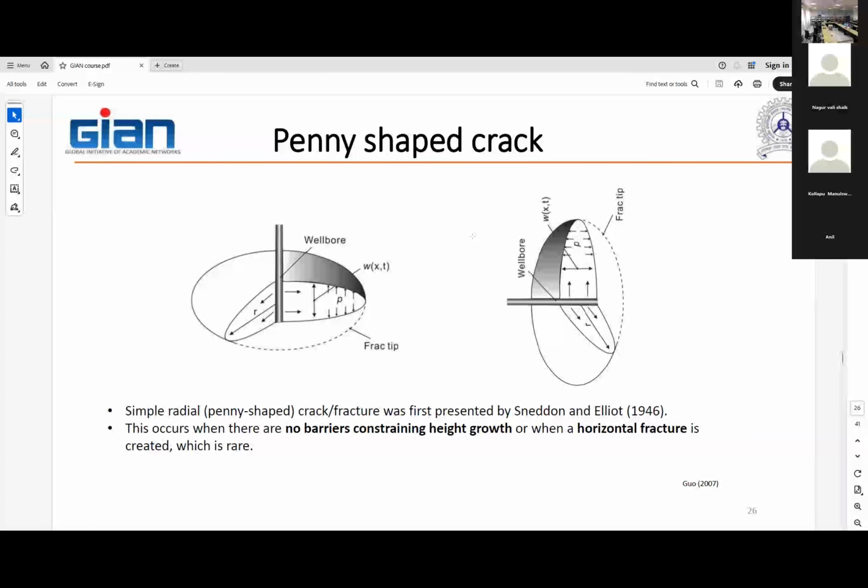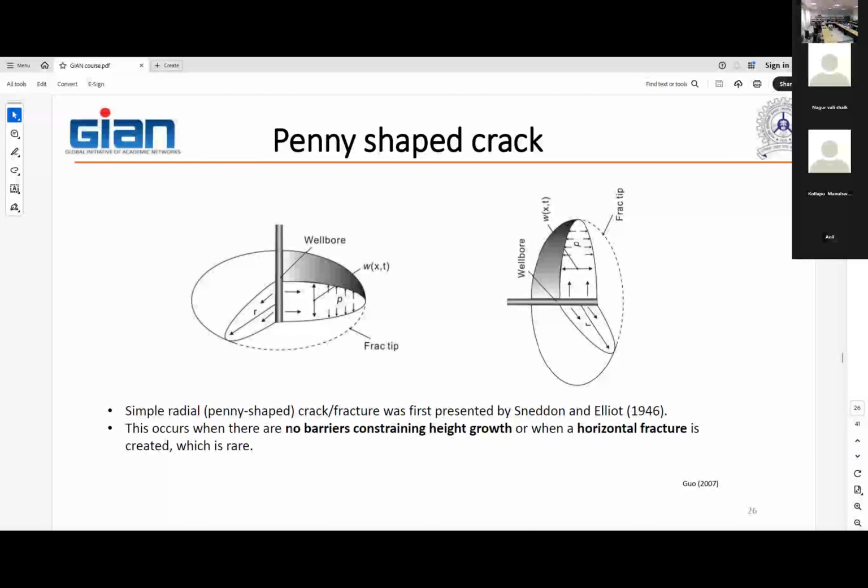If you're talking about a vertical fracture, then this is the wellbore. The wellbore is horizontal in this case. This is a simple radial model, and this is the 1946 model by Sneddon.